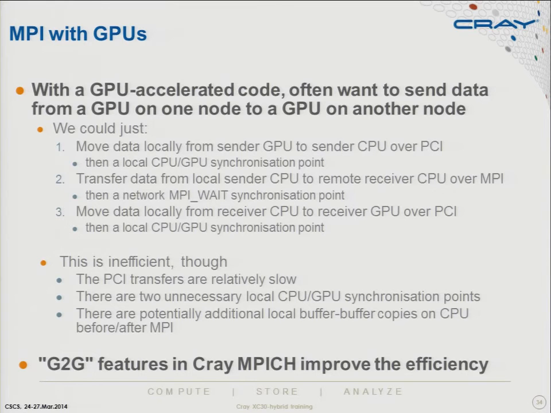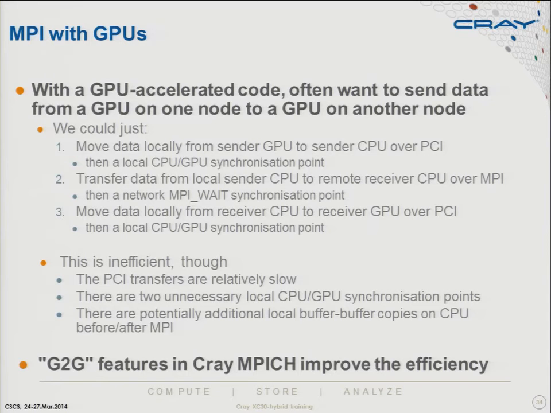Well, the generic way, the way that will work everywhere, is that you say, OK, on the send side, I will first move the data from the GPU memory to the CPU memory. So I will call CUDA memcpy, if I'm using CUDA, for instance. I will then send the data over the network from the send CPU. It will be received over here on the receive CPU.